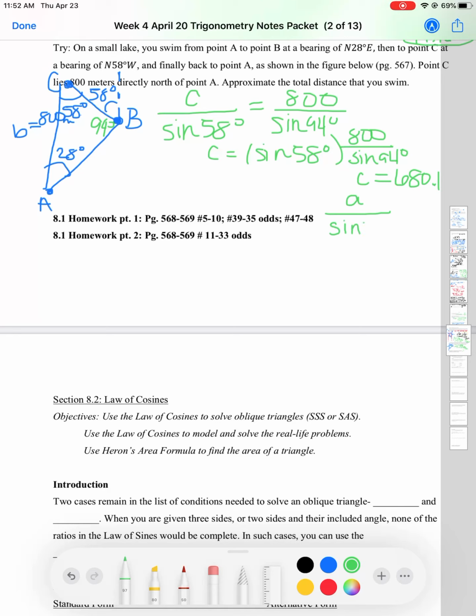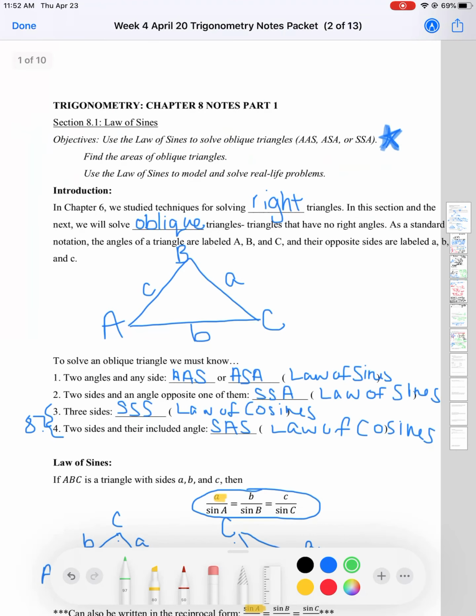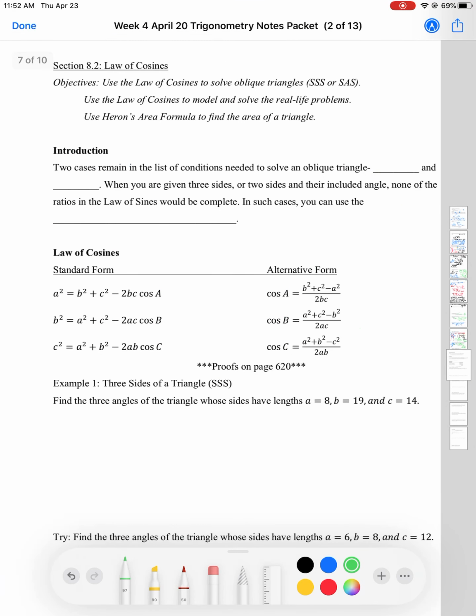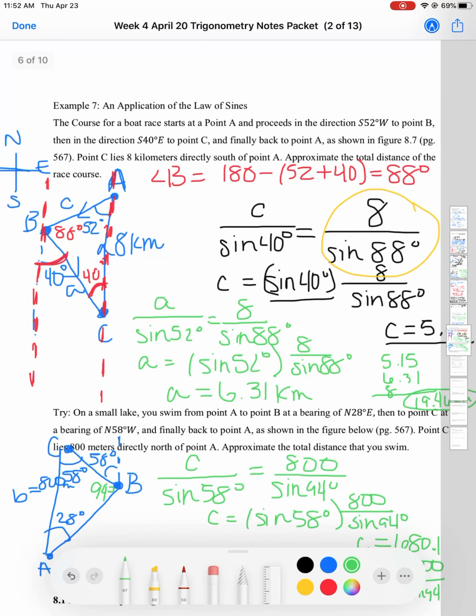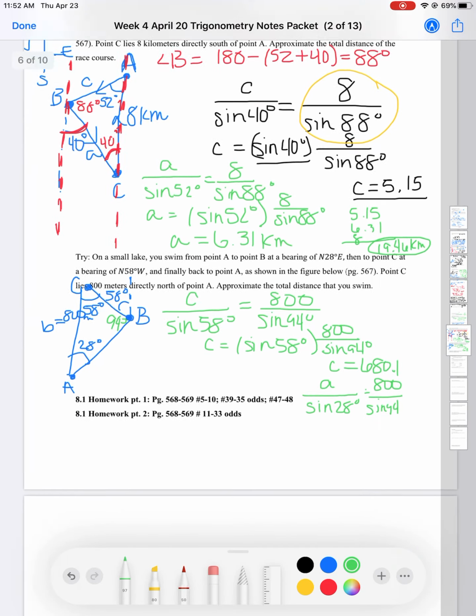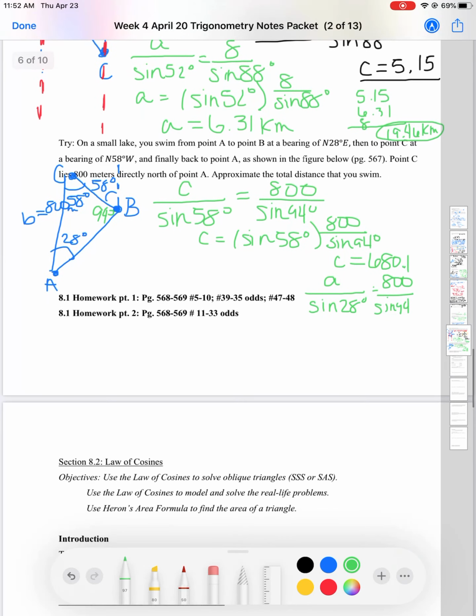We would do the same for A. So A over sine of 28 degrees equals 800 over sine of 94 degrees. Dang it. Where did it go?